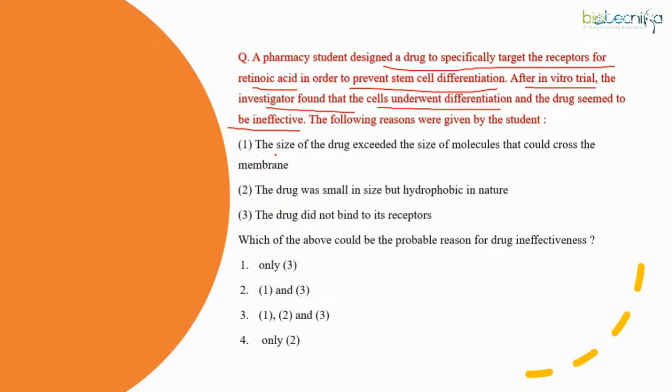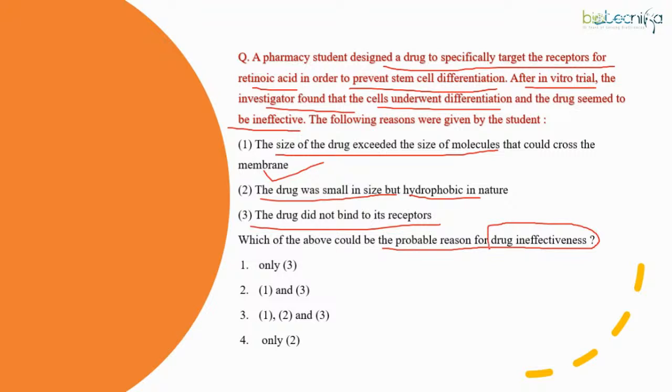First, the size of the drug exceeded the size of the molecules that could cross the membrane. Second, the drug was small in size but hydrophobic in nature. And third, the drug did not bind to its receptor. Now, you have to identify the most probable reason for the drug's ineffectiveness.